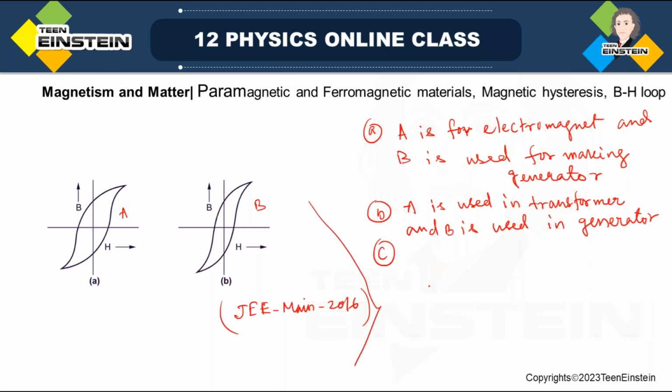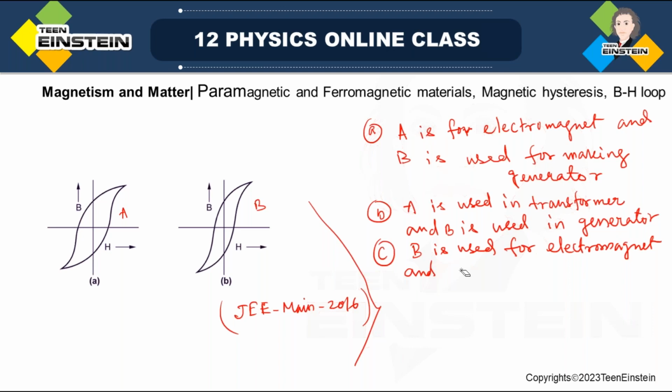Option C says B is used for electromagnet and transformer.